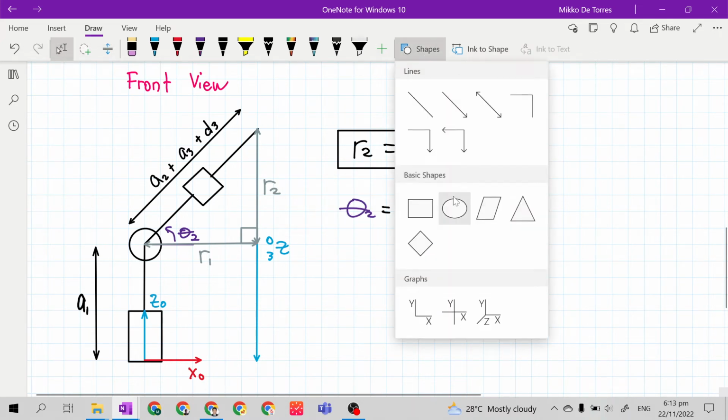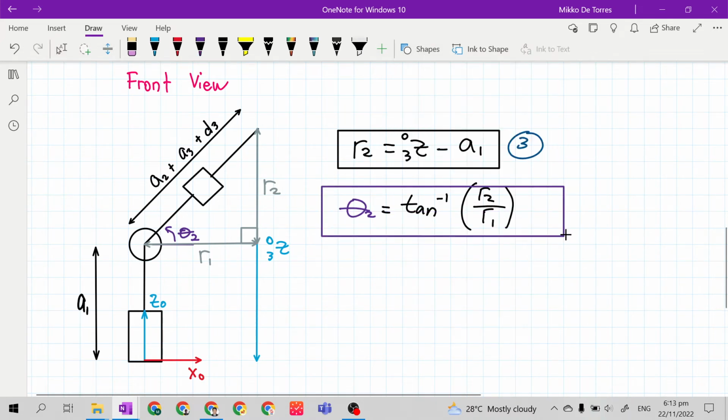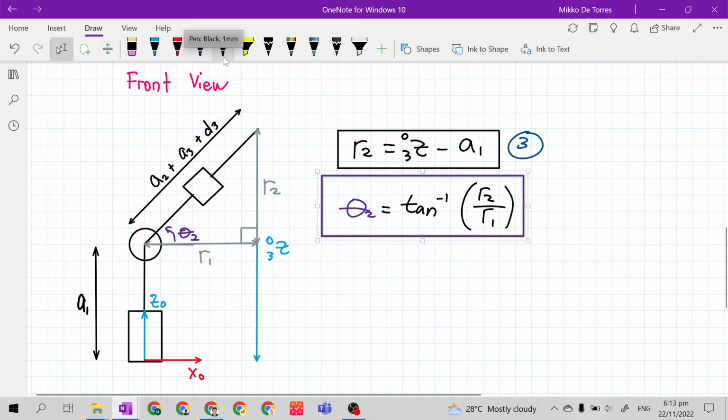Let's put it inside a box and number it as our number 4 equation.